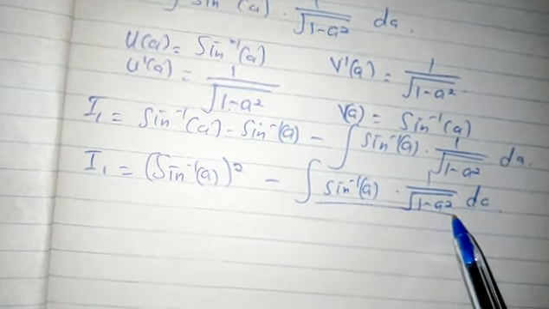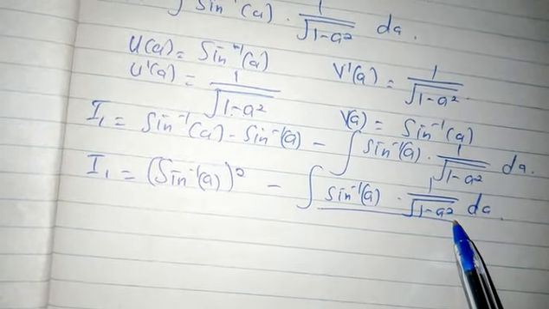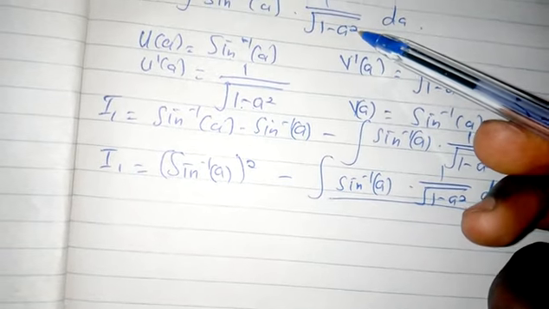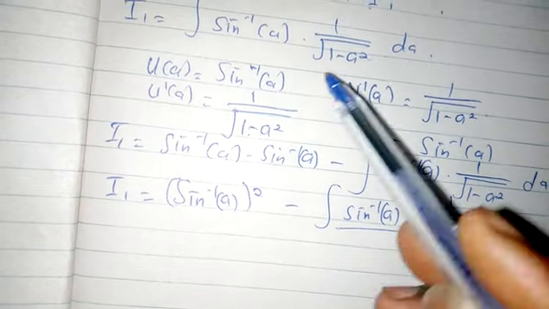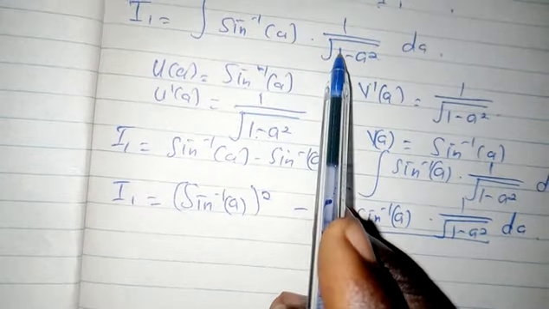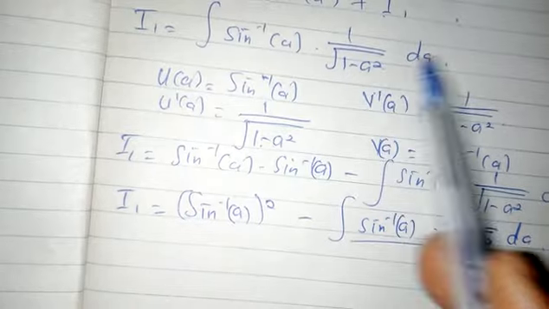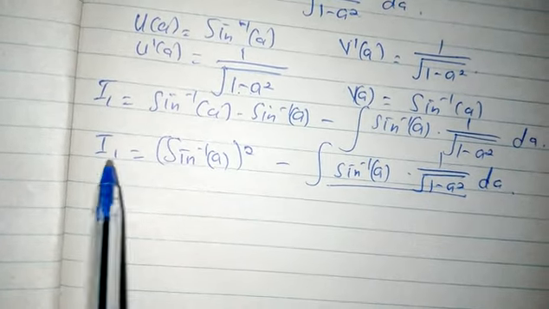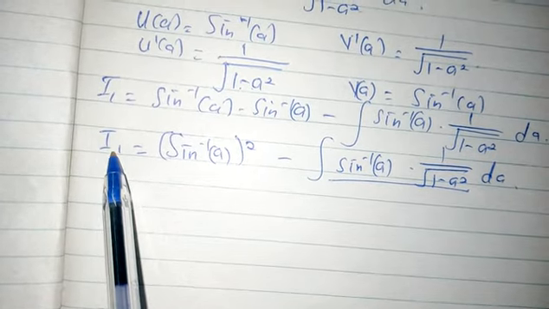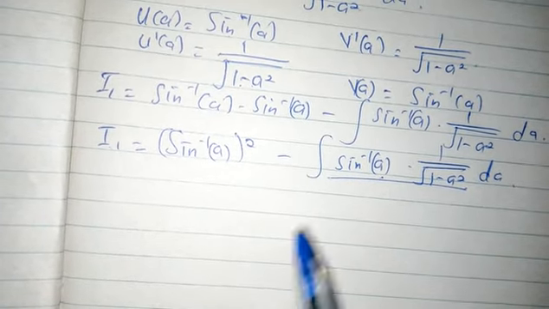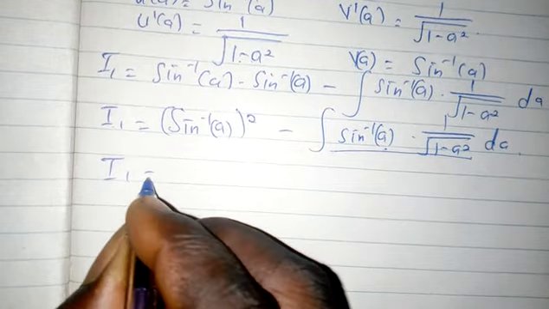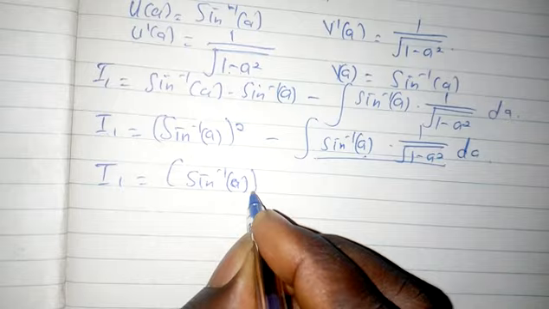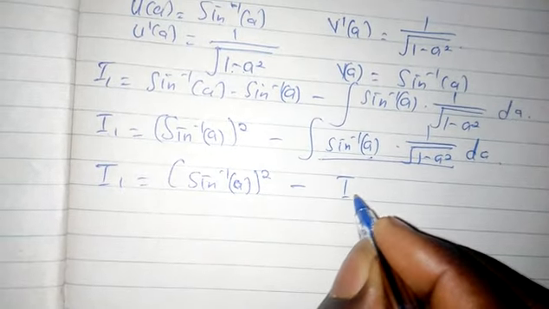And this, guys, are you getting this? This is the same as our I1, which is the integral of sine inverse of a dot 1 over root of 1 minus a squared. So you have gotten the same thing here. So from here I can say this is equal to I1, so I can put my I1 also here. So it's going to become I1 is equal to sine inverse of a squared minus I1.